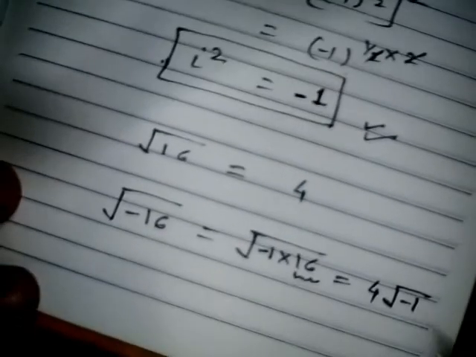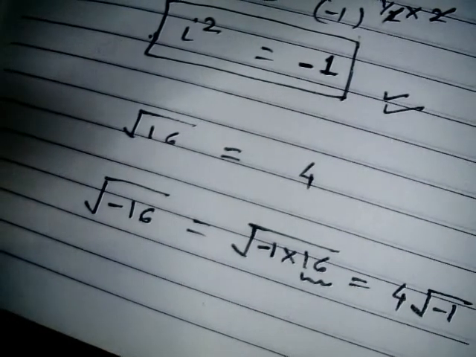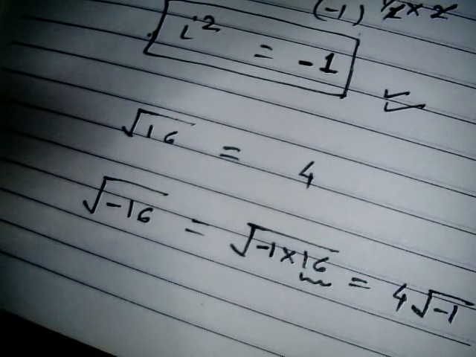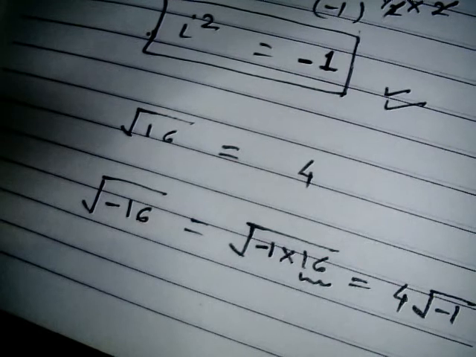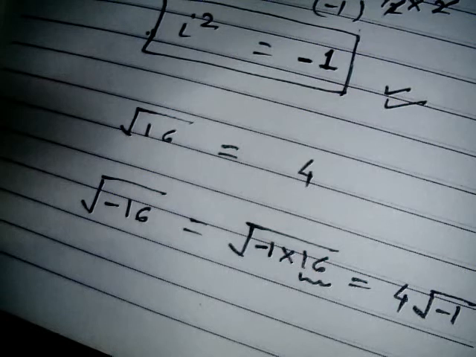Because the square root of a negative number doesn't exist in whatever study we have done till now. The square root of a real number is only possible for non-negative numbers, positive real numbers only. If inside the square root a negative sign is there, how do we find the square root of such a number?